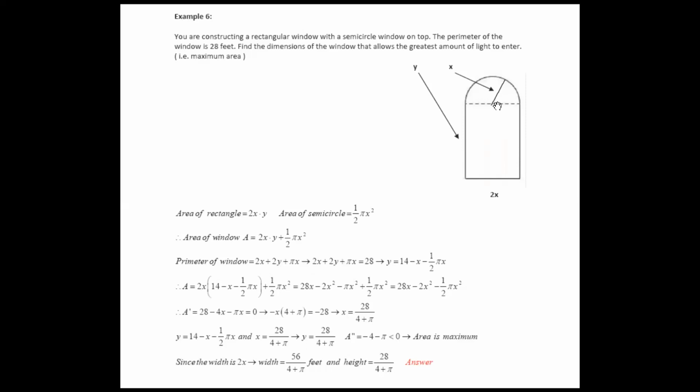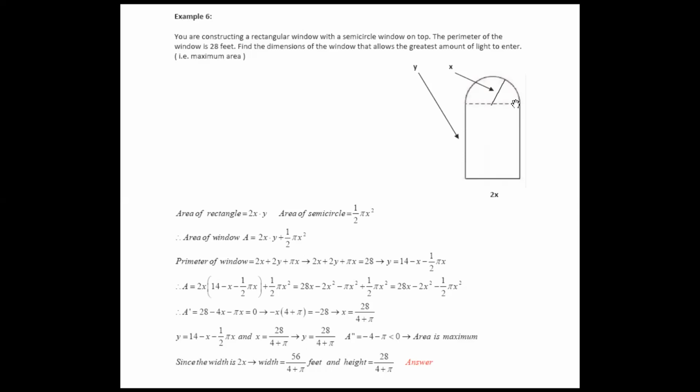Now, remember, the perimeter of the circle is the circumference. The circumference is pi times the diameter of the circle. Since the diameter is 2x, or 2 pi r, which is another way of looking at circumference if you're dealing with radius, it's 2 pi x.